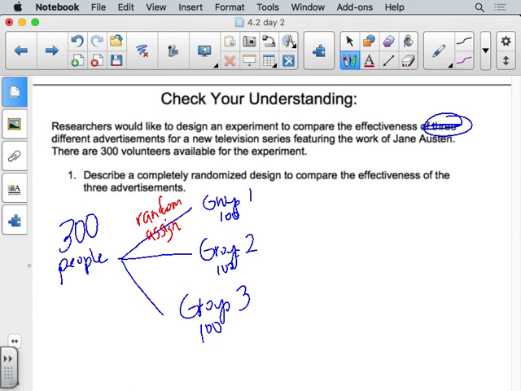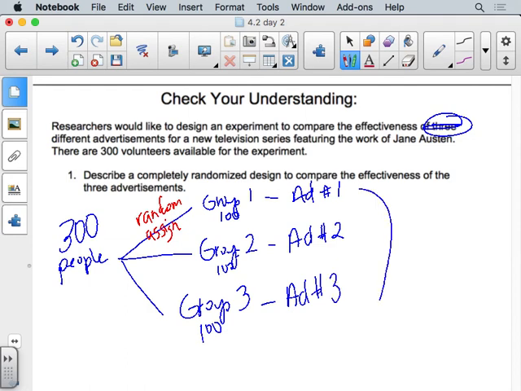And then group 1 gets ad number 1, group 2 gets ad number 2, group 3 gets ad number 3, and compare effectiveness of ad. So that's just your basic design.